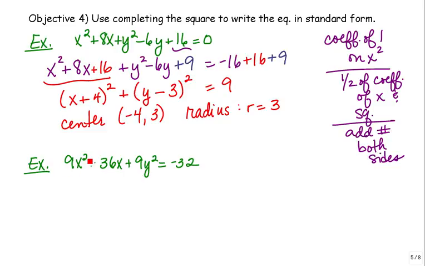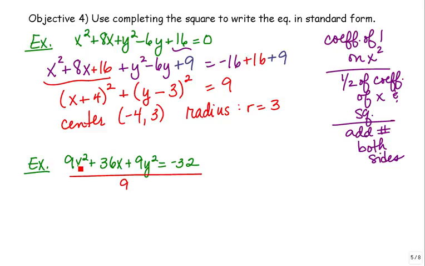Now, 9x squared plus 36x plus 9y squared equals negative 32. To be able to solve this problem, we have to understand that we have to have a coefficient of 1 on the x squared, or on the y squared for that matter. We have to divide everything through by 9.